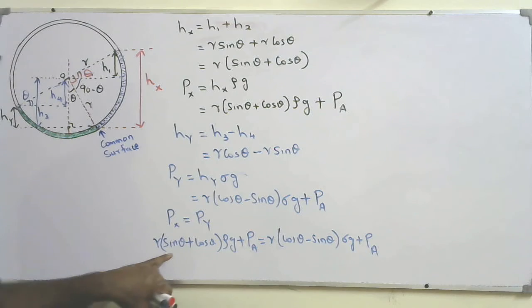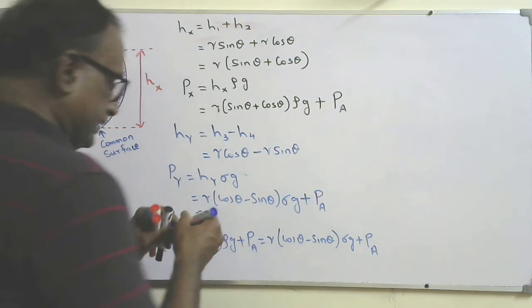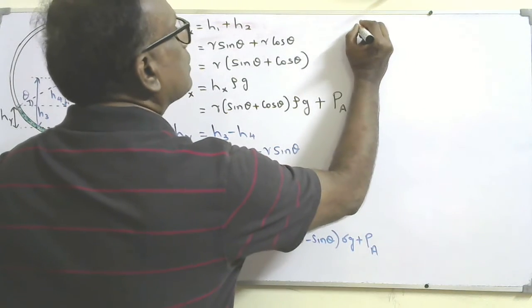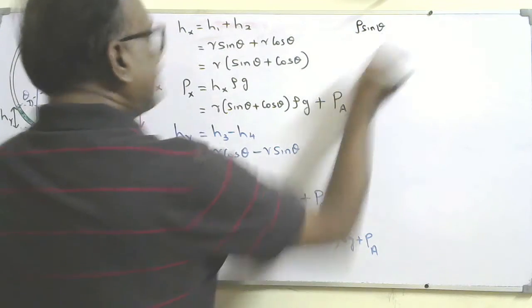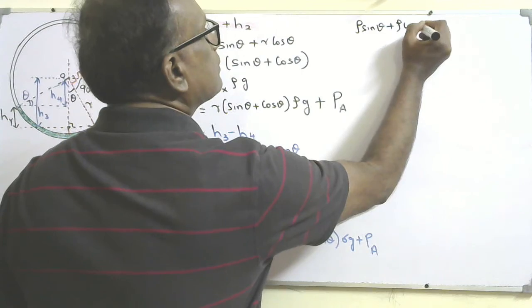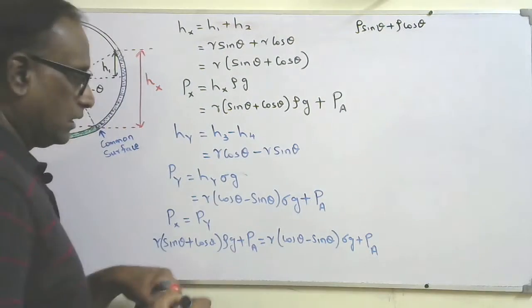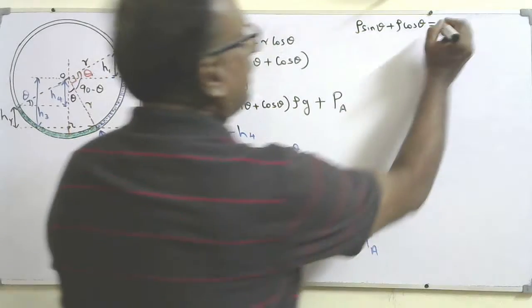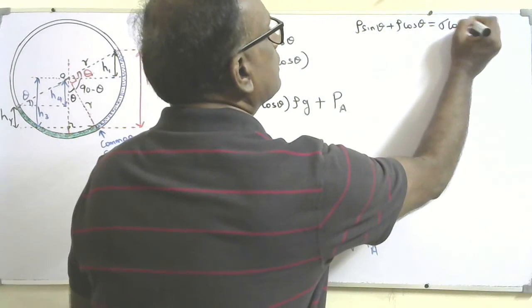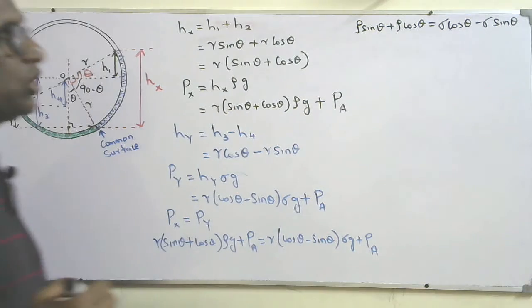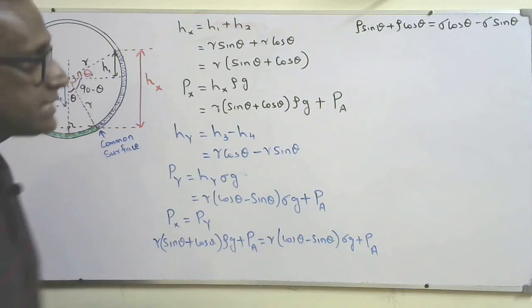So finally you will have rho sin theta plus rho cos theta equal to sigma cos theta minus sigma sin theta. Divide the whole equation by cos theta.